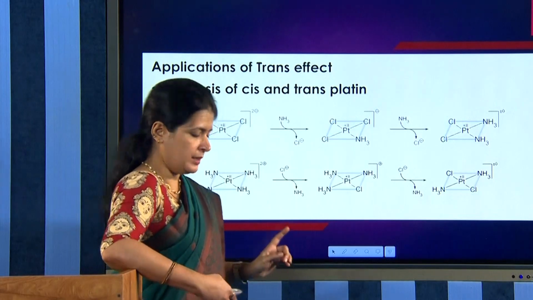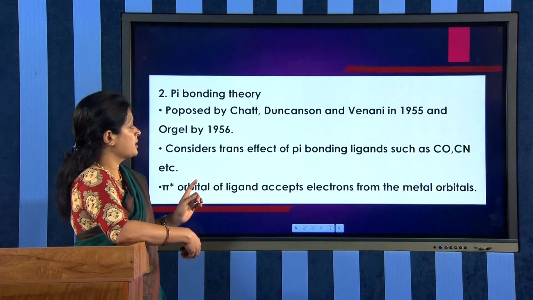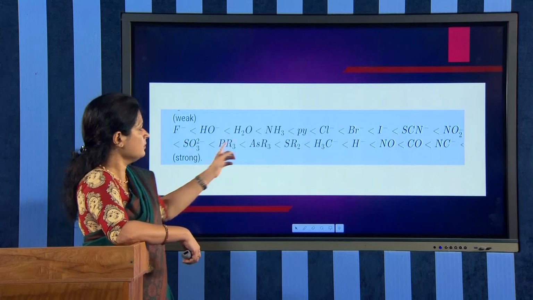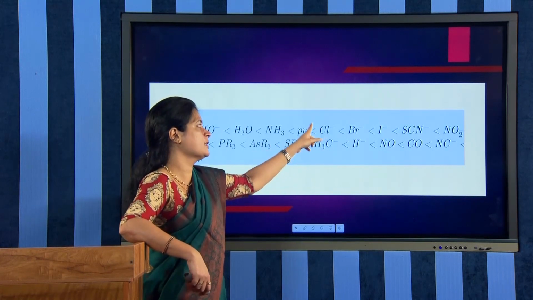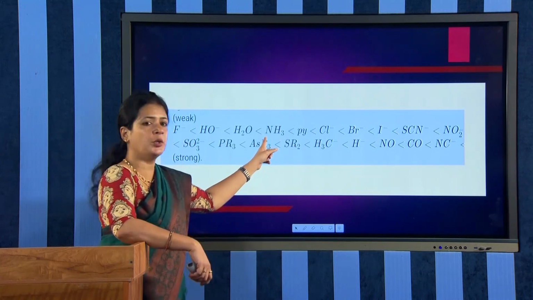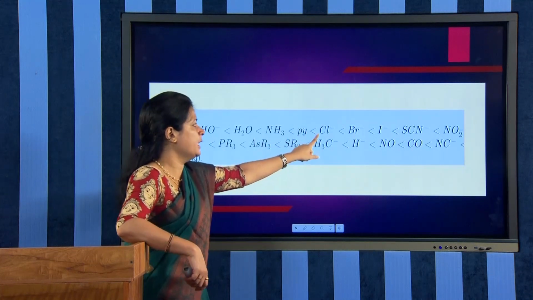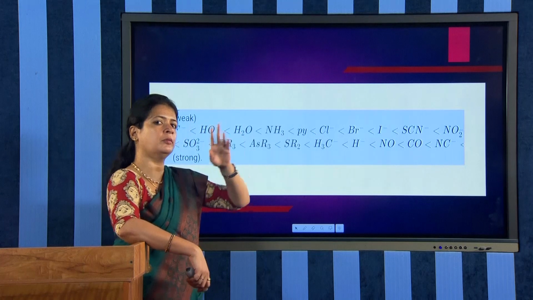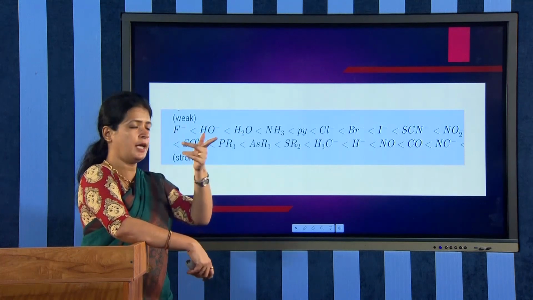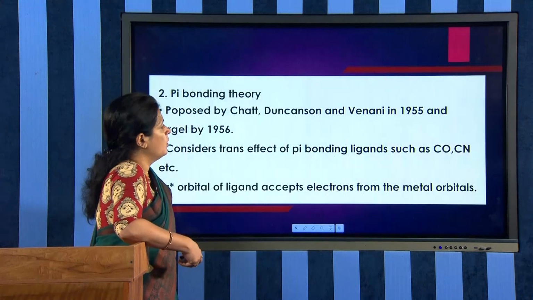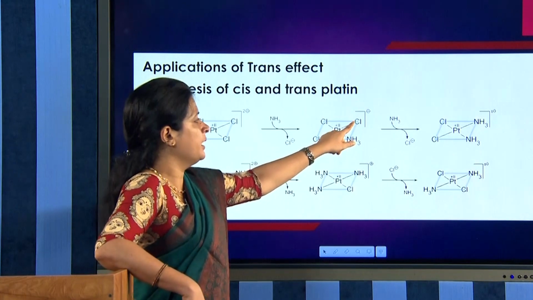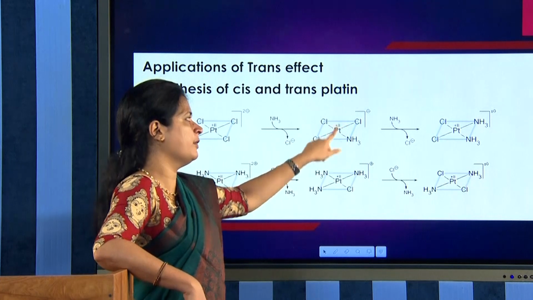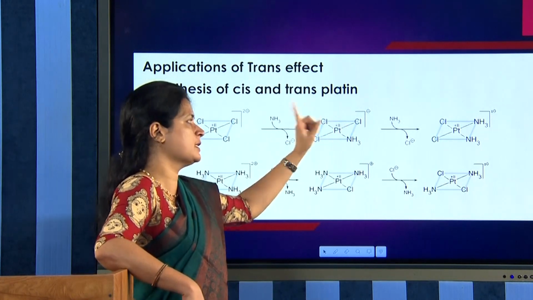It is Cl minus. Just have a look at the trans effect series. See, Cl minus has the greater trans directing property when compared to ammonia. So, Cl minus is able to direct the incoming ligand trans to its position. And now what happens? See the reaction. Between Cl minus and ammonia, the one having more trans directing property is Cl minus.